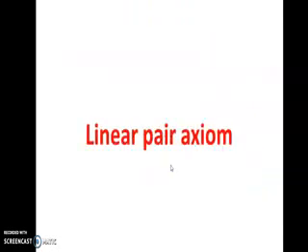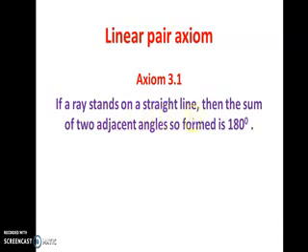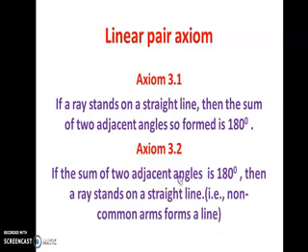of axioms. Once again, axiom 3.1 is, if a ray stands on a straight line, then the sum of two adjacent angles so formed is 180 degree. And axiom 3.2 is, if the sum of two adjacent angles is 180 degree, then a ray stands on a straight line.